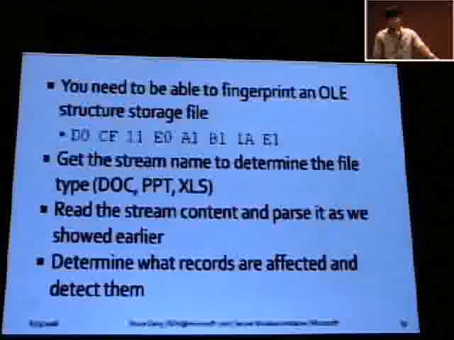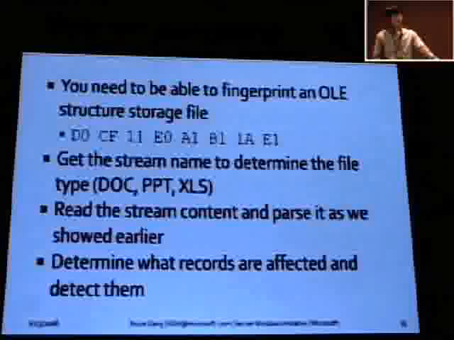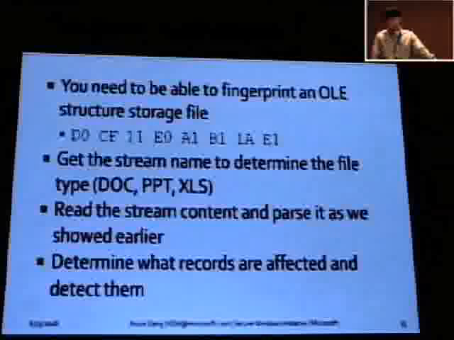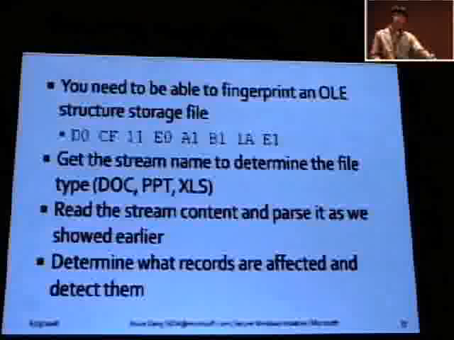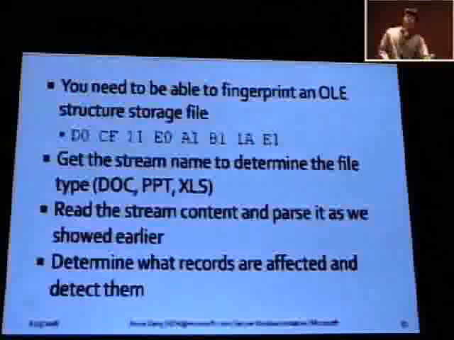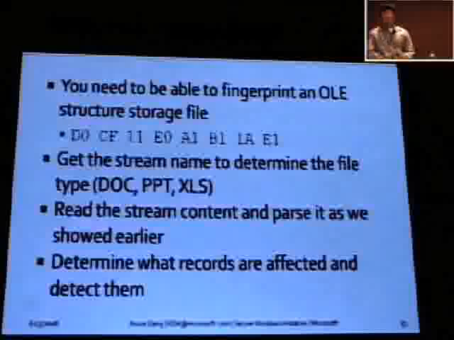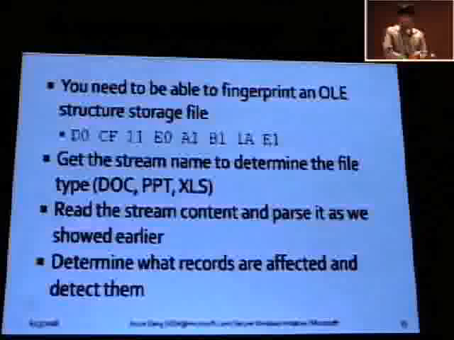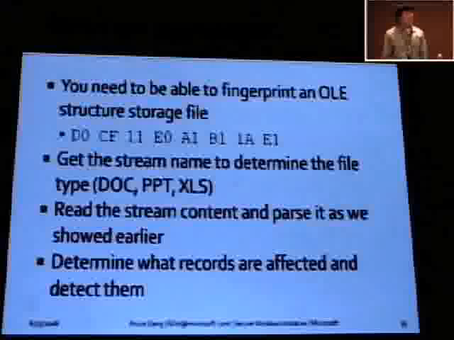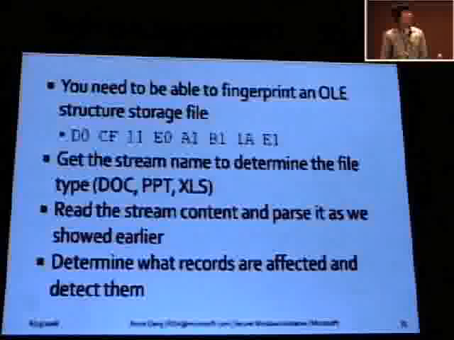If you have those first 8 bytes, it's very likely an OLE file. Then you have to read the entire content of this file, enumerate through all the streams and storages, and figure out what type of files you have. Do you have a Word document, Excel document, or a PowerPoint document? Then you read the contents, and parse it as I showed you earlier.